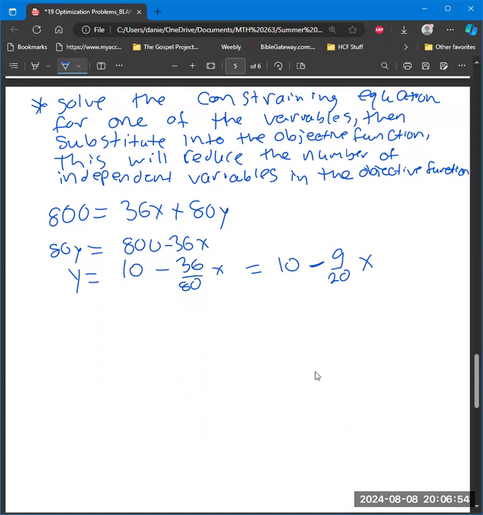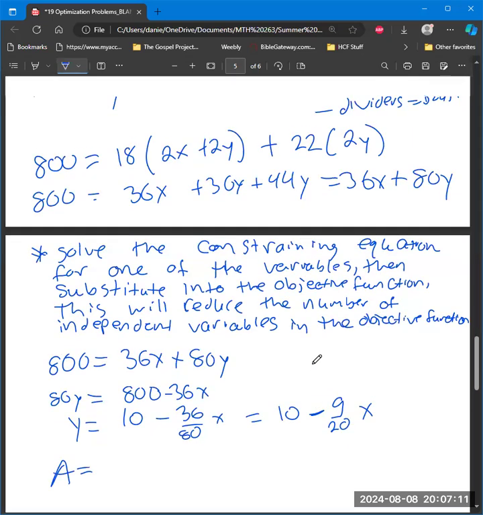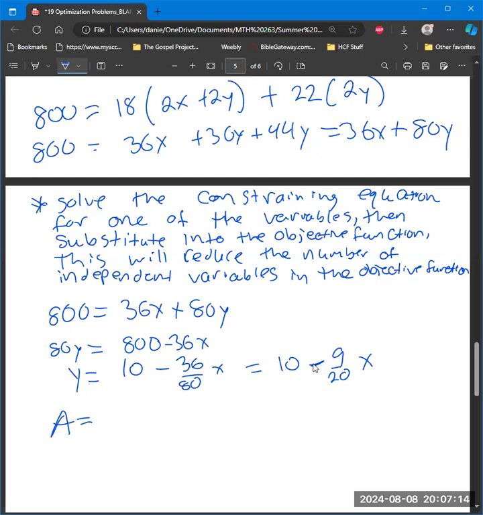So that means that A is equal to x times y. It's going to be A of x is equal to 10x minus 9 over 20 x squared.